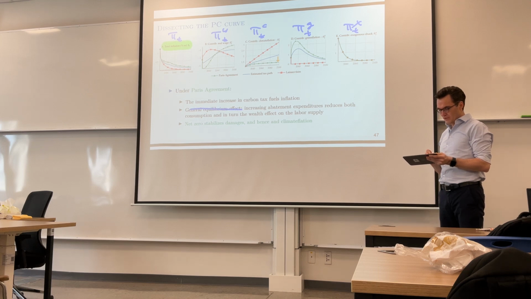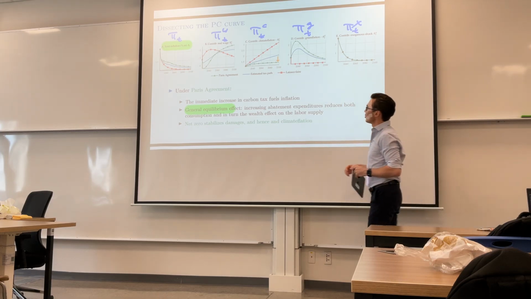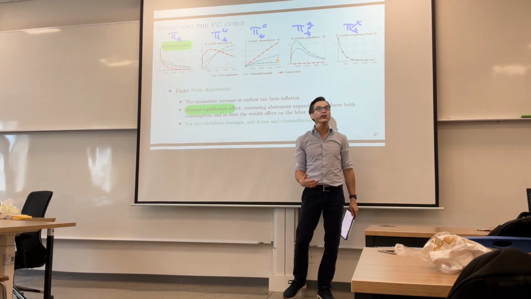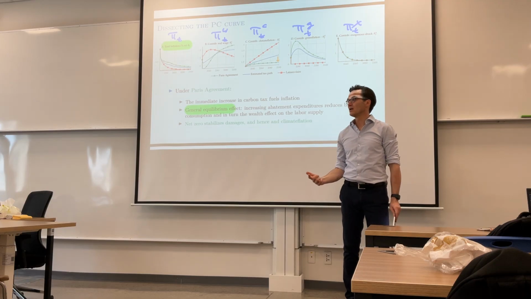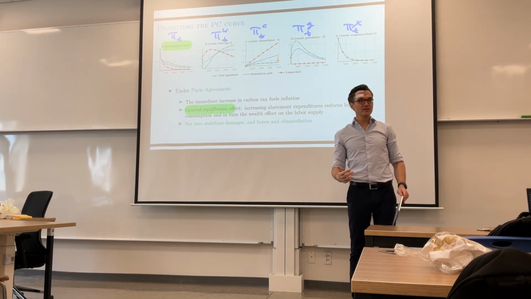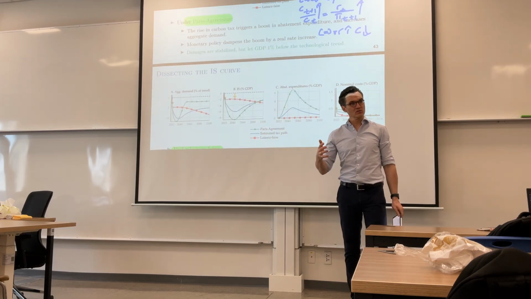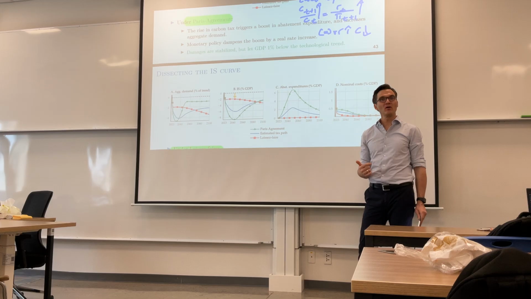One thing is what's called the general equilibrium effect, and the way to think about this is as follows. Who supplies labor to the labor market? It's the households. And households in this economy are really getting poorer because of climate change and climate policy.